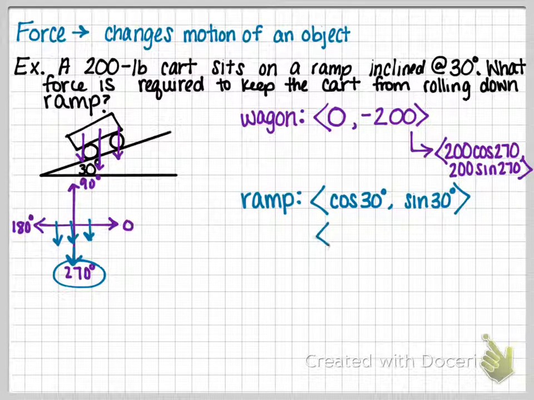Now, because you know the unit circle, you should not have to run to your calculator for this. The cosine at 30 degrees is going to be the square root of 3 over 2. The sine at 30 degrees is going to be 1/2. All right.